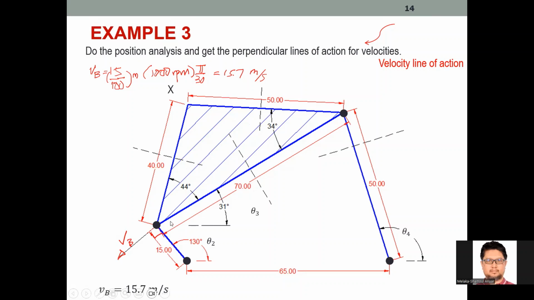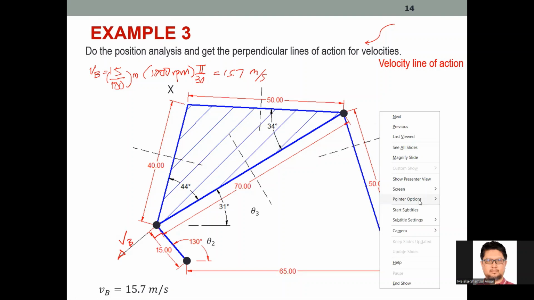So the side that really connects point B and C will be this one. And this one will be perpendicular for this one. This is for line C, VC.